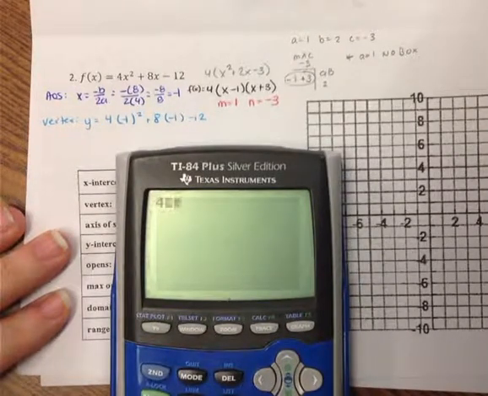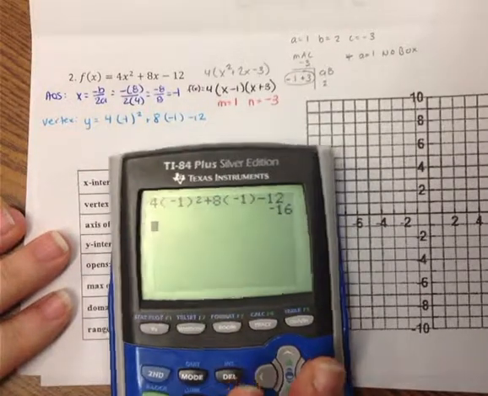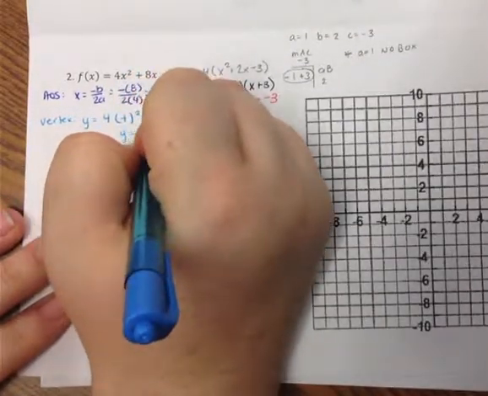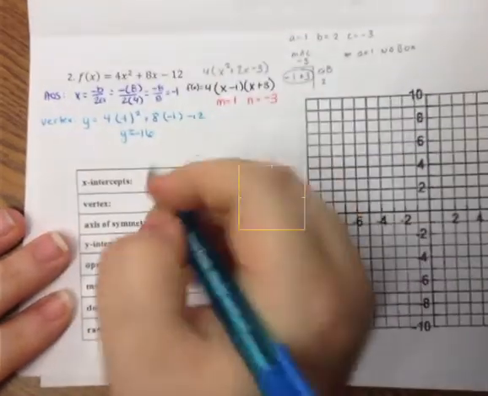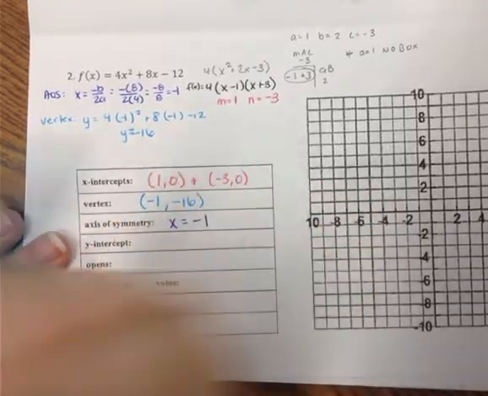This is 4 parentheses, negative 1 parentheses squared, plus 8 parentheses, negative 1, close parentheses, and then minus 12. Enter. It's negative 16. The y is equal to a negative 16. So our vertex is at negative 1, comma, negative 16.